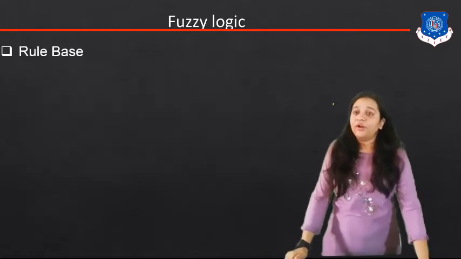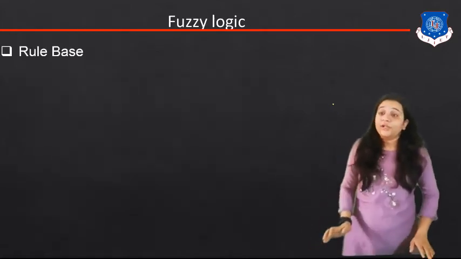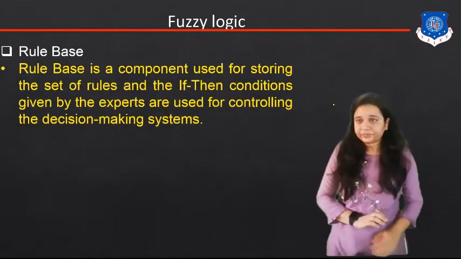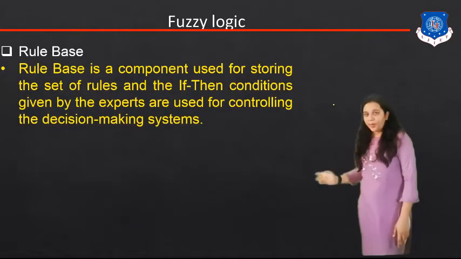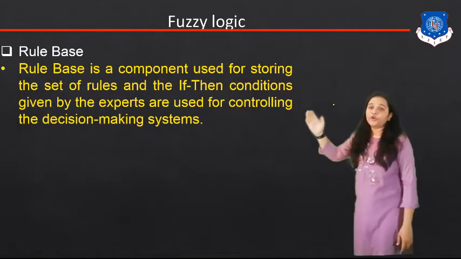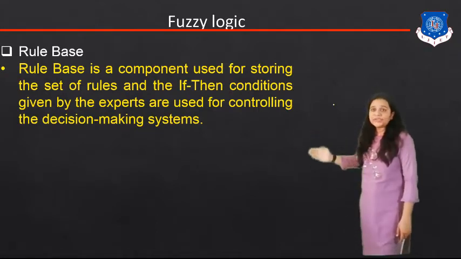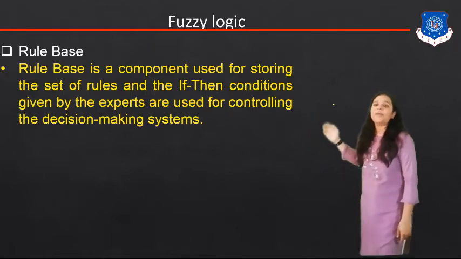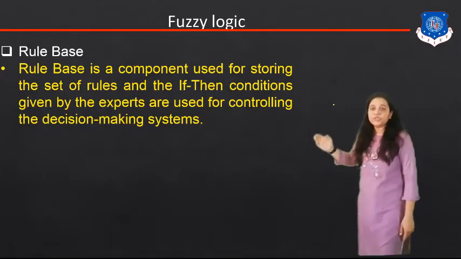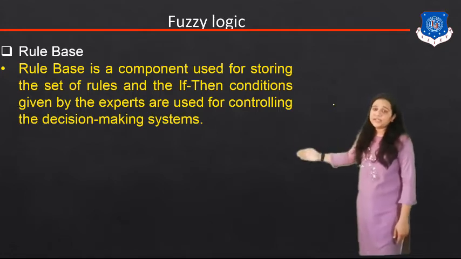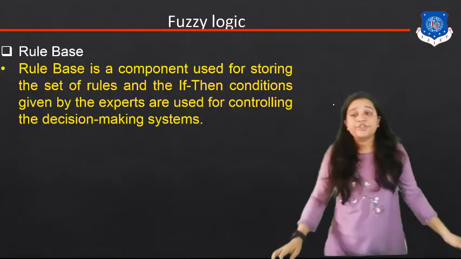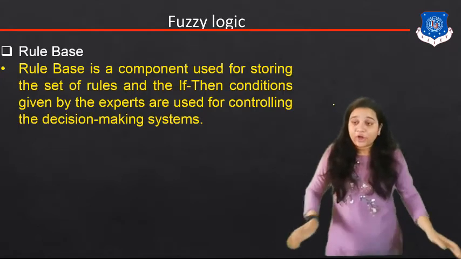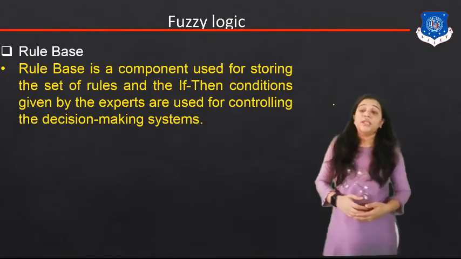First of all, we will study what the rule-based fuzzy logic is. Generally, the rule base is a component used for storing the set of rules and the if-then conditions given by experts, which are used for controlling the decision-making system.